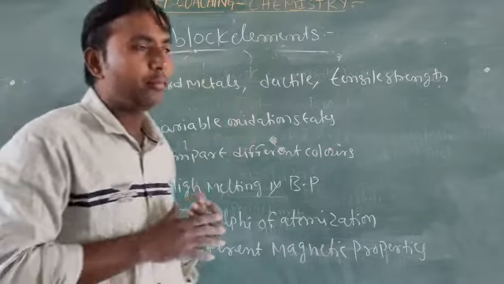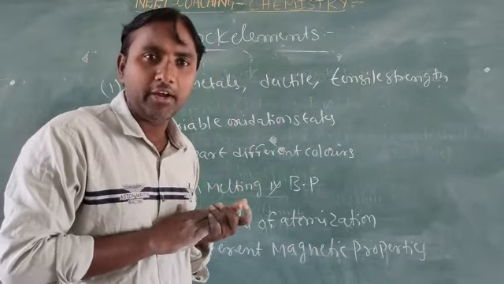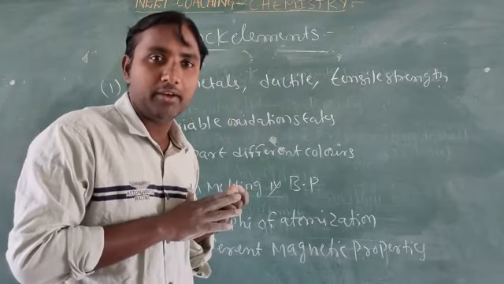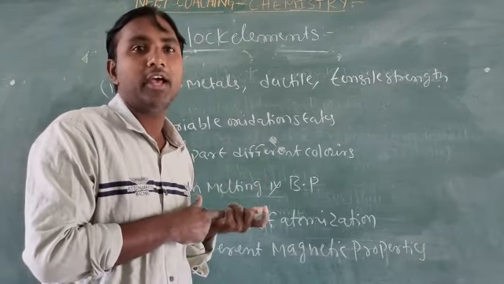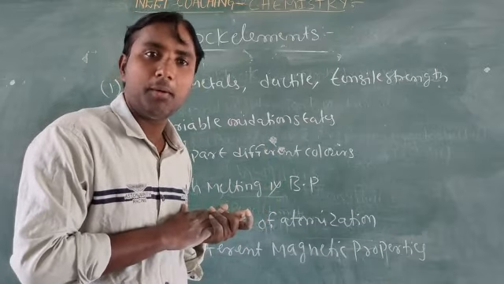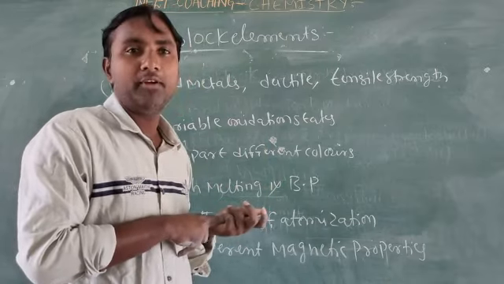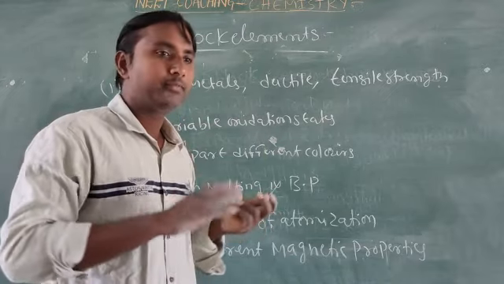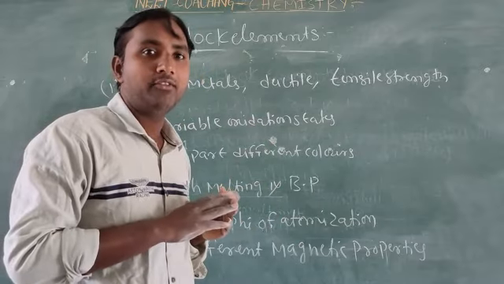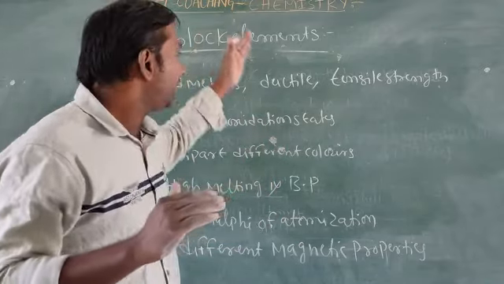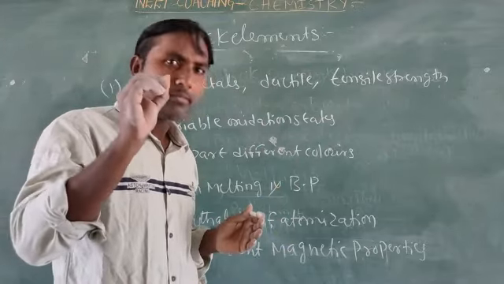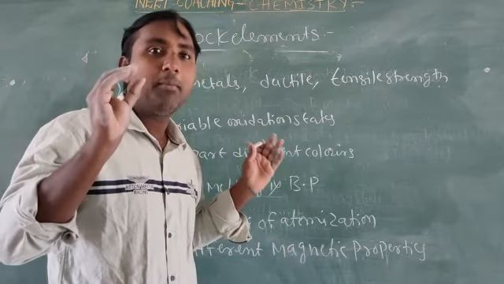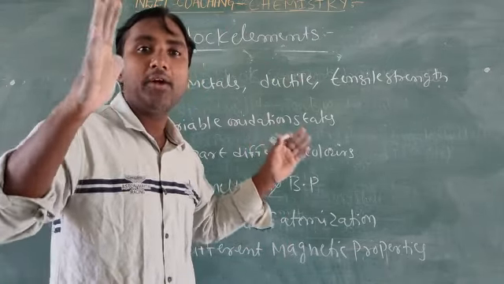Why do d block elements exhibit different characteristics? Reason: first of all, d block elements have a smaller atomic size than s block elements and p block elements. D block elements have vacant orbitals. Another thing, d block elements have unpaired electrons.